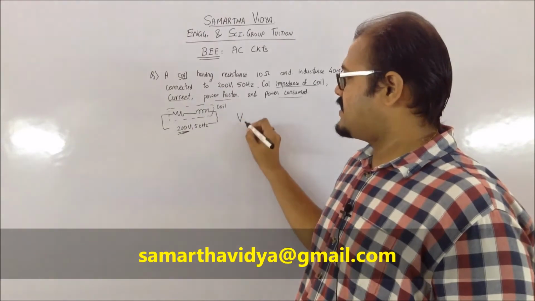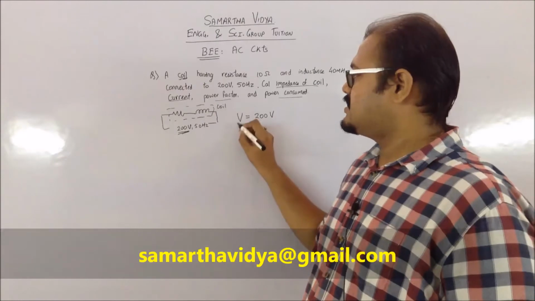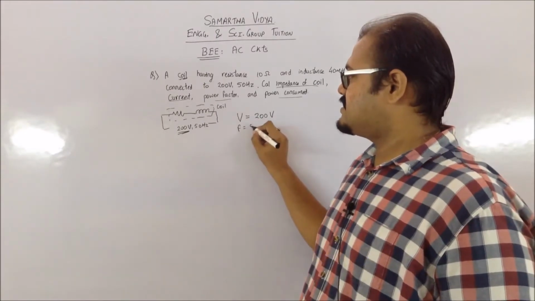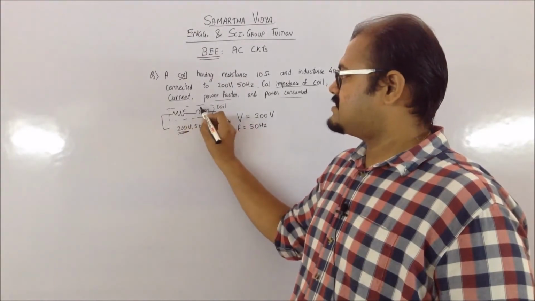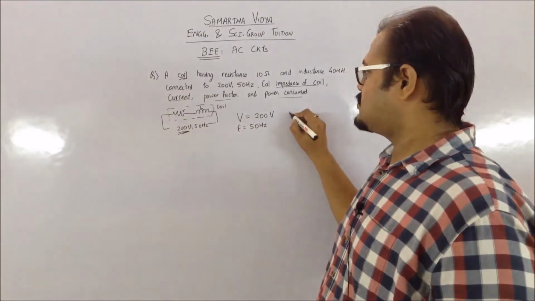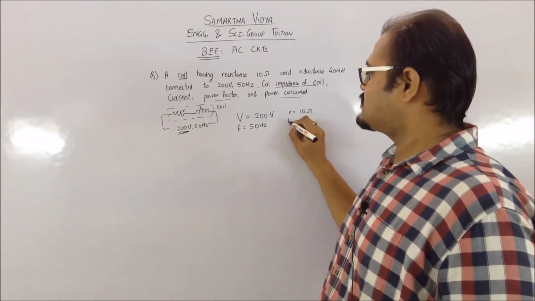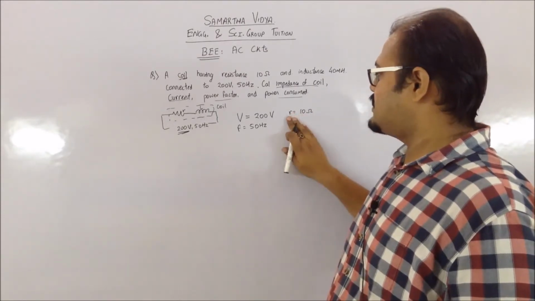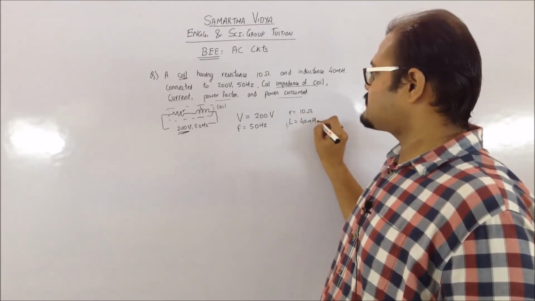So the RMS value of the voltage is given by 200 volt and my frequency is given by 50 hertz. They have given me the resistance value and the inductance value. So R is given as 10 ohms and my inductance, which is given by L, is equal to 40 millihenry.